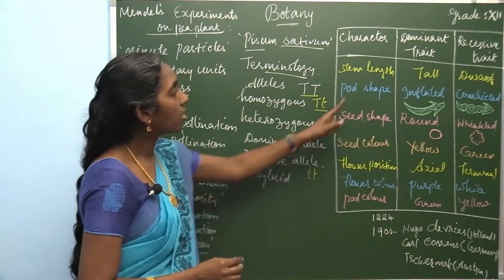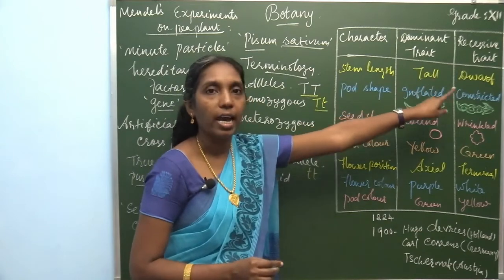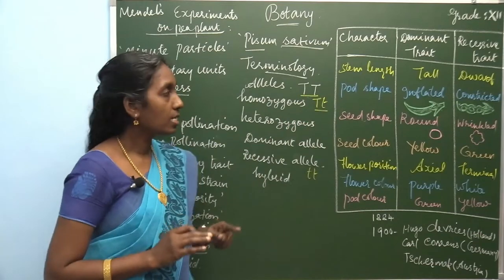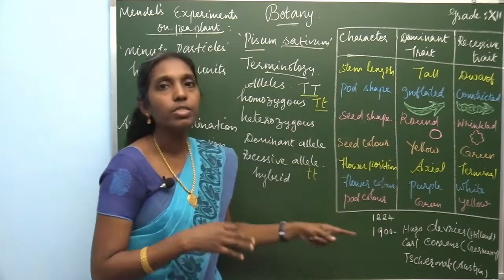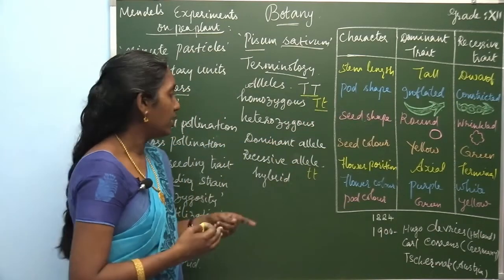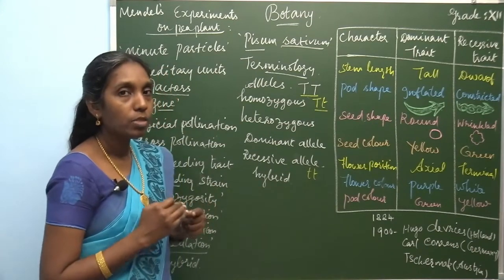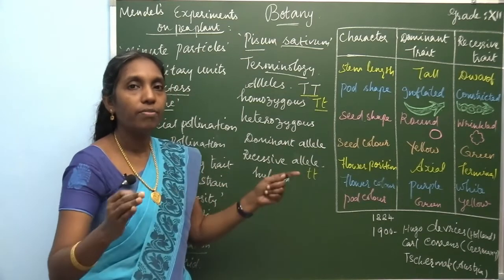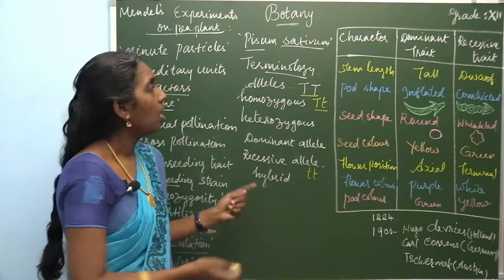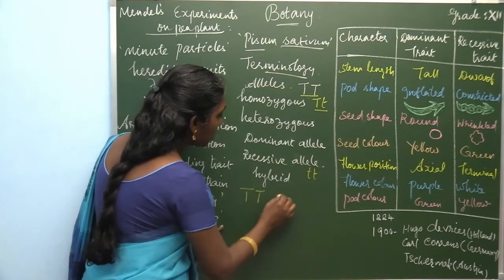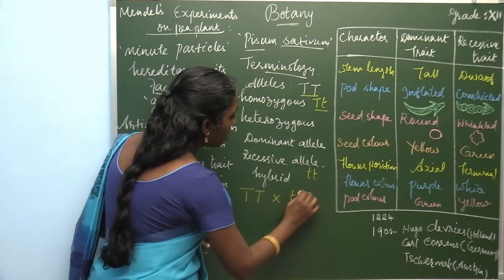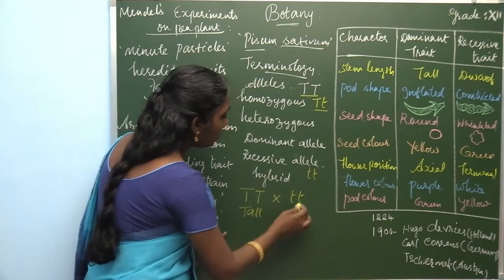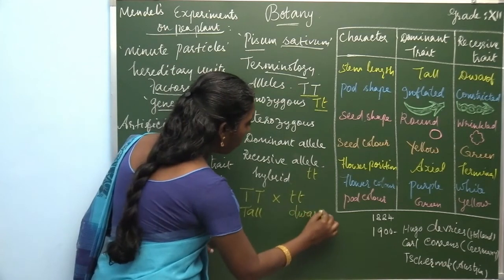So these characters are regarding tall and dwarf, the length of the stem. Likewise, all these characters are represented in the form of alleles. And hybrid, what is meant by hybrid? When you make a cross between two different parents or two contrasting characters, for example capital T is crossed with small t, both are contrasting characters. This character is tall, this character is dwarf.